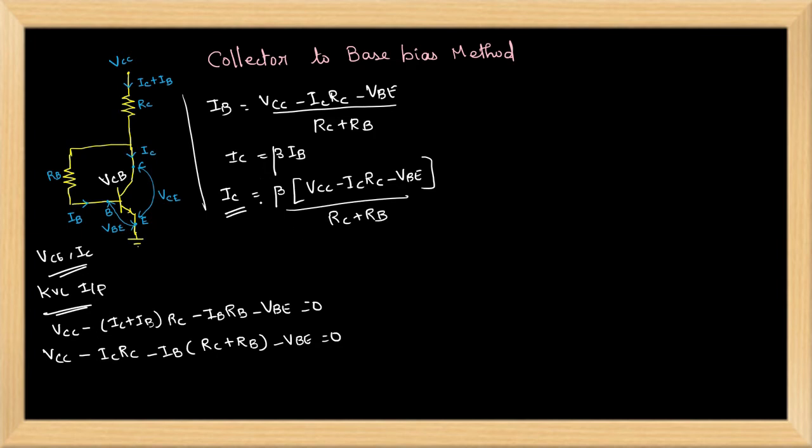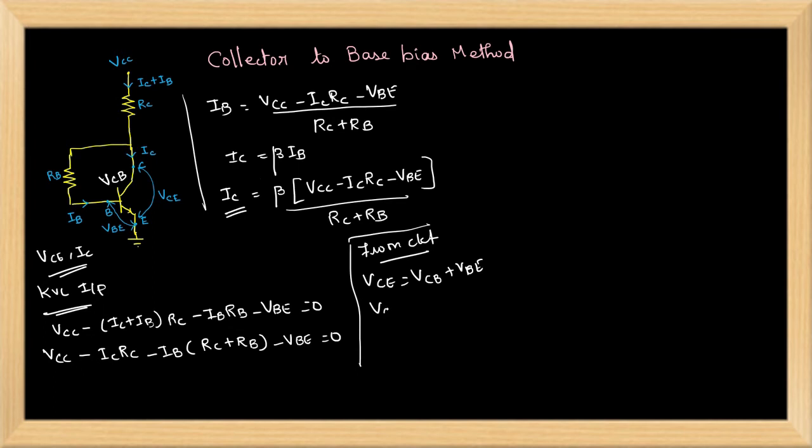To find the next operating point VCE, we have to apply KVL at the output side. Before that, from the circuit we can write VCE equal to VCB plus VBE.